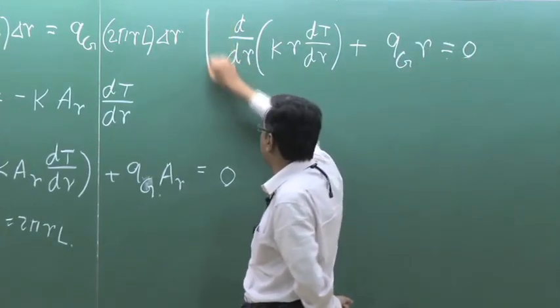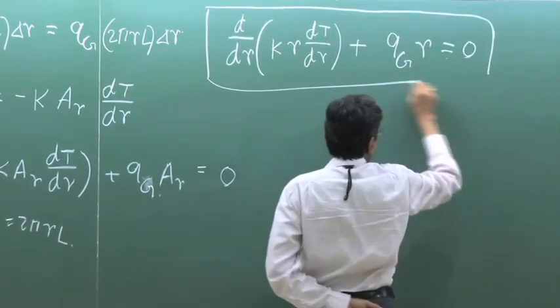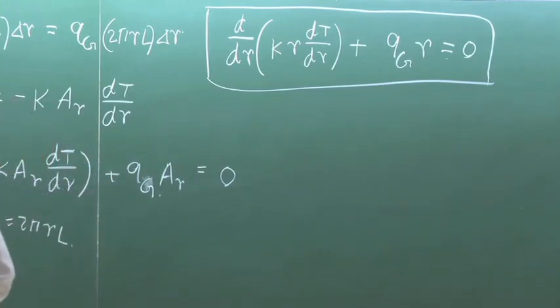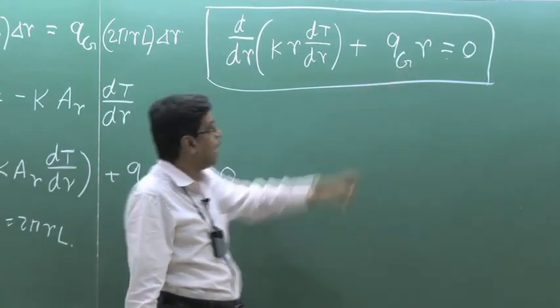This is our basic equation for temperature distribution in differential form. If k is constant, then k will come out.